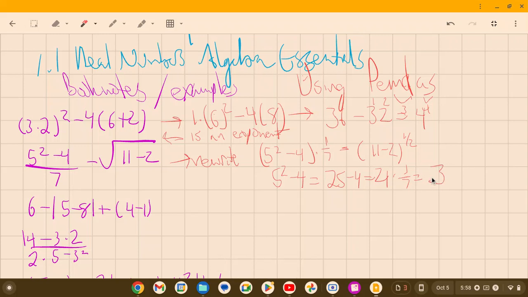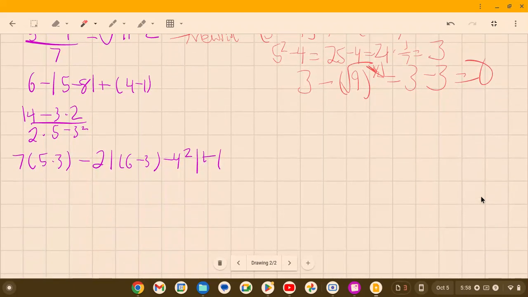That's 3. So you got 3 minus, and then 11 minus 2 is 9. 9 to the 1/2. But that's the same as saying square root. So that equals 3 minus 3 equals 0. Next.